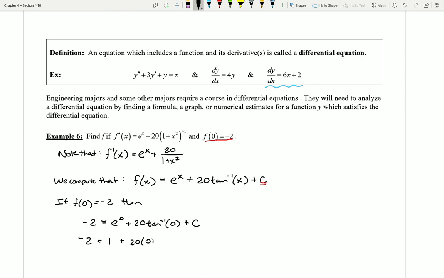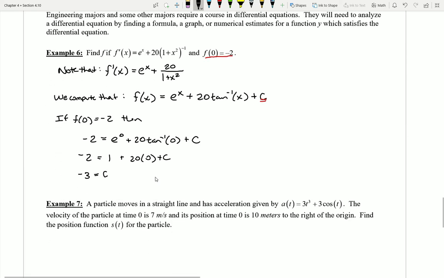Inverse tangent of 0 is just 0, and so I'm going to end up with here that -3 should be equal to the value of c. And so I have everything that I need then to write out what f of x actually is. f of x here would be e to the x plus 20 times the inverse tangent of x minus 3. Hopefully you were able to get the exact same thing.